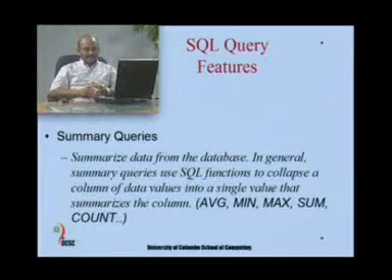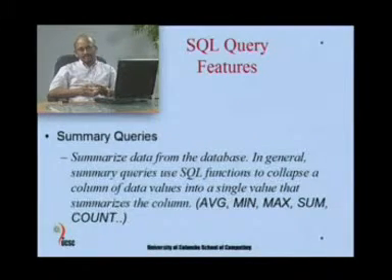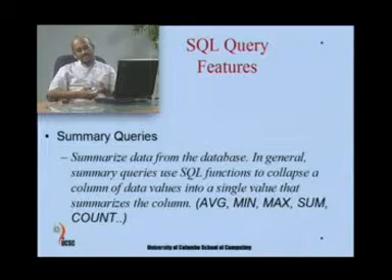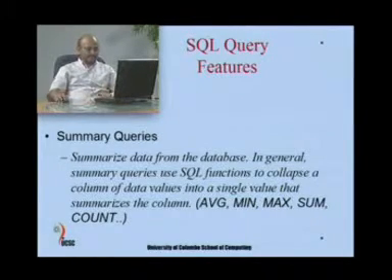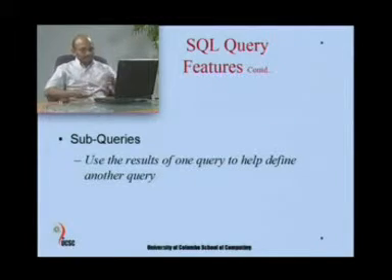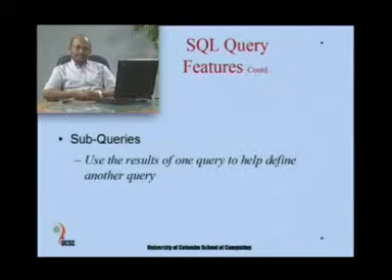So, we use AVG for average, MIN for minimum, MAX for maximum, SUM for the summation and COUNT to identify how many items are there. So, how many records are there or how many rows are there. We will look at some examples of using them as well, and then we mentioned subqueries using the IN function.